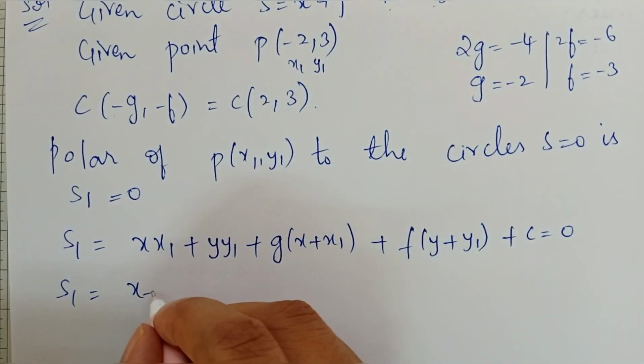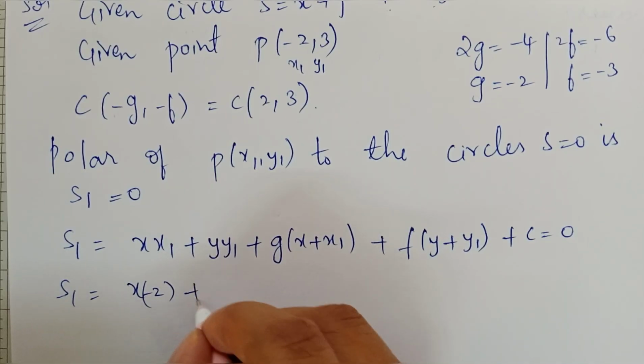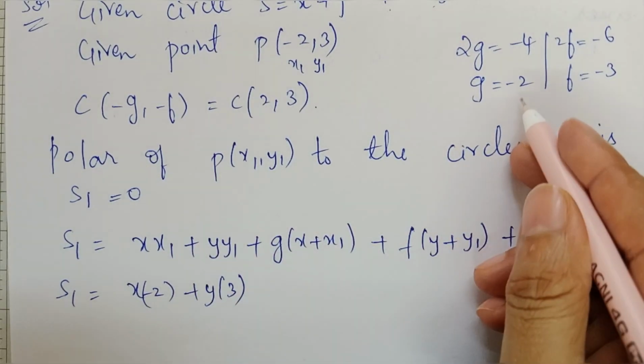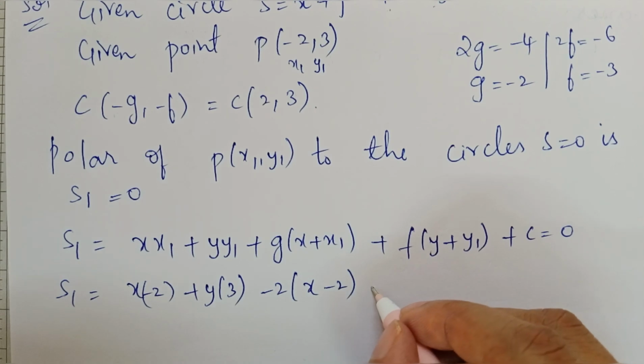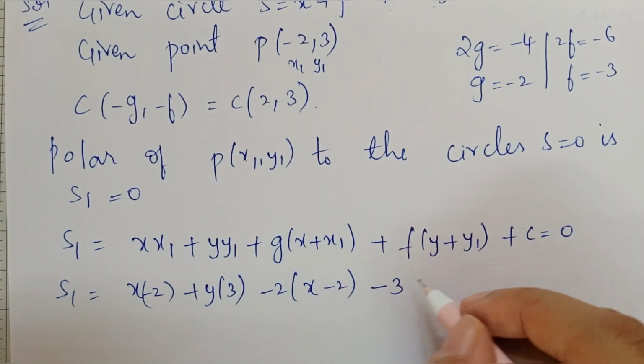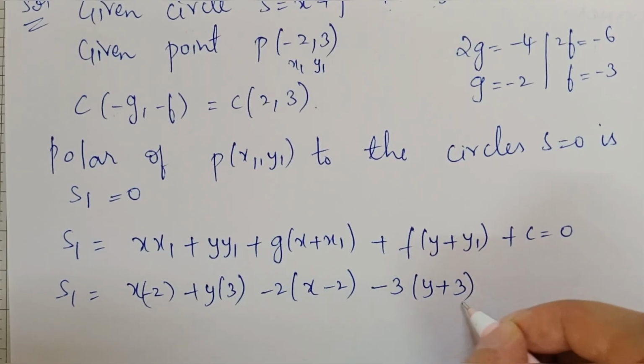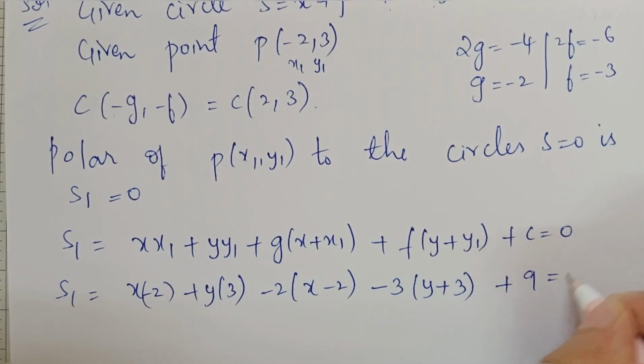So here it is -2x plus 3y, the value of g is -2 into (x - 2), the value of f is -3 into (y + 3), and the value of c is +9 equals to 0.